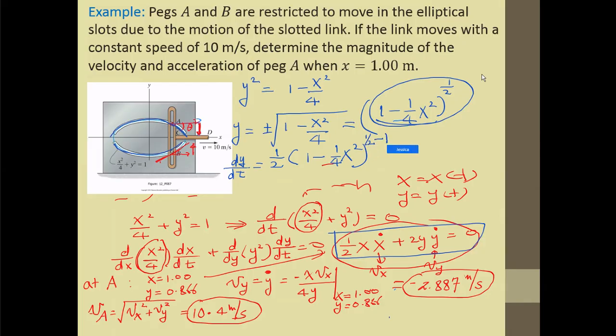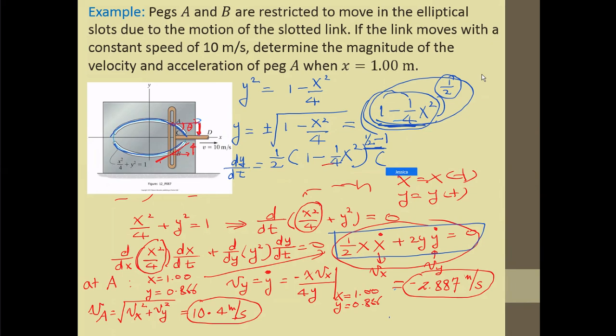I don't know for sure if you still remember, the derivative of a function is the derivative of the outside times the inside. The outside function has the power of one half, so we apply the power rule. Inside, we still have the function 1 minus 1 over 4 x squared.